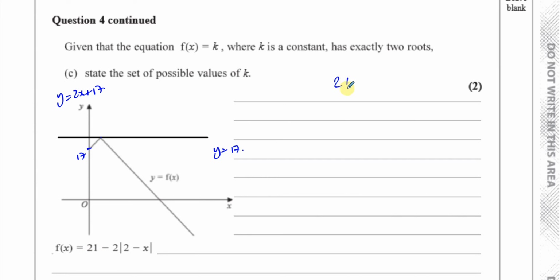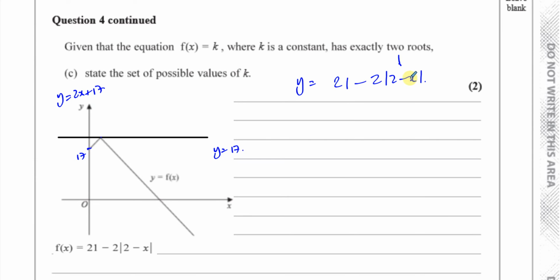And the vertex of this graph is 21, because y equals 21 minus 2 times the modulus of 2 minus x. The highest this can ever reach is 21, because whatever value you've got here is going to be positive, because you take the modulus of it. So whatever value x you put in, this thing is going to be positive, so you're always taking away something from 21.